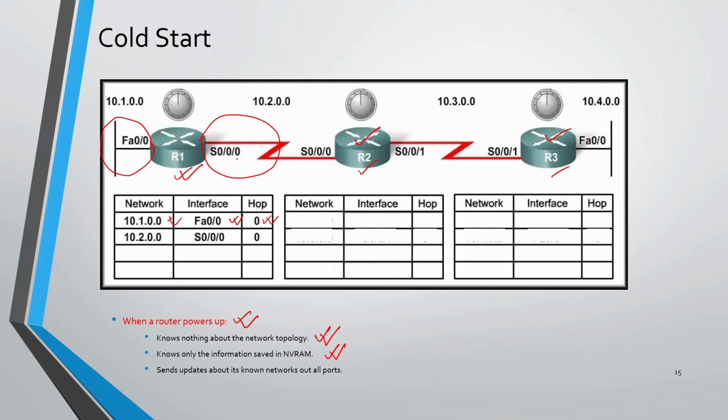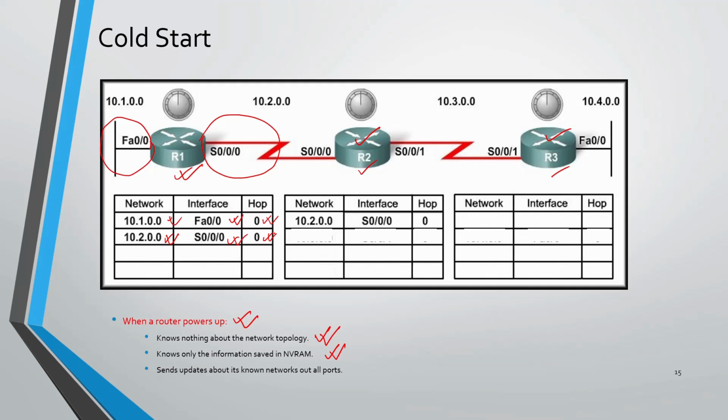And also on the right side, the network address is this, and the hop count is 0. So at the very beginning, router R1 only knows its own information, the two networks which are connected with router R1. The same goes for router R2 and router R3.